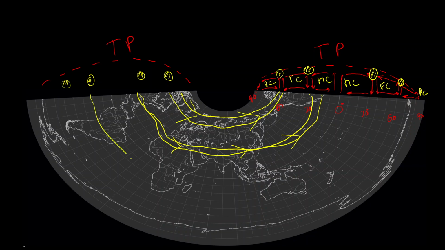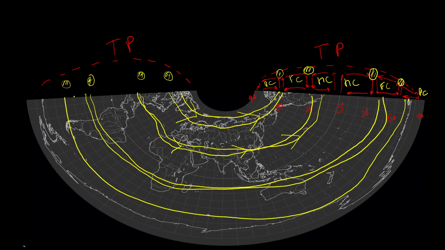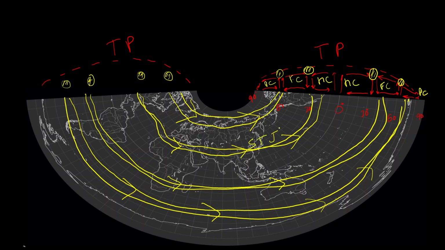And similarly over here, and then over here. In both the hemispheres, we find the jet streams, and they are the subtropical jets, which is this one, S T J, and the polar jet streams, PJ.